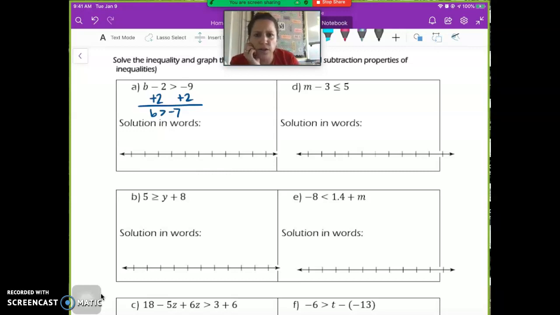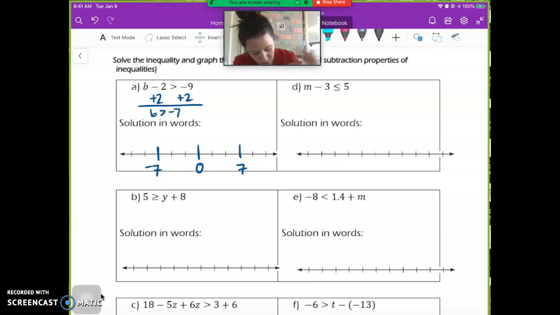You'll notice on this graph there are no numbers. We need to make our numbers. The numbers that I always want you to have is 0, and then the value that you solved for, so negative 7's over here, and I also want you to have positive 7. Now I realize my spacing is off, but as long as you label it, it's okay for this purpose.